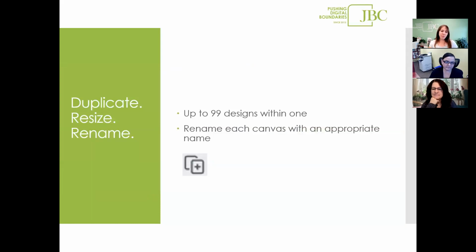As you've seen with my previous design, you can create multiple designs within one. You can create up to 99 different versions of it. And what I like to do is rename them, because we've all done it. We all have the Canva folder that downloads, you open it up and it's numbers 1 through 35, and you're like, I don't know what any of these are. So make sure that you rename all of them when you're going through.